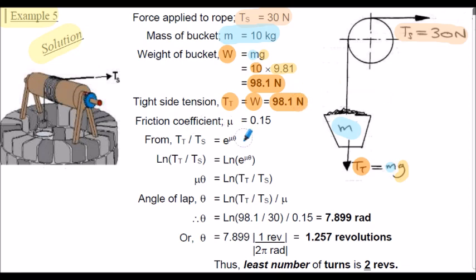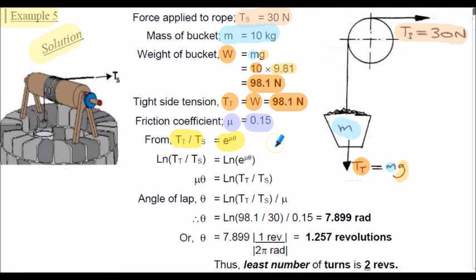From the question, the coefficient of friction mu is 0.15. Then using our equation from our formula sheet, Tt divided by Ts is equal to e to the mu theta. We need to transpose that for theta. So this is effectively an indicial equation I'm trying to solve.